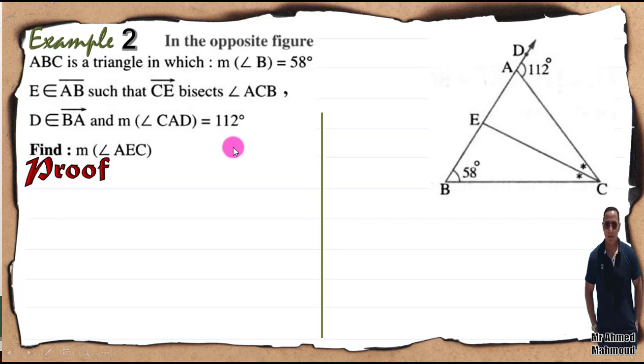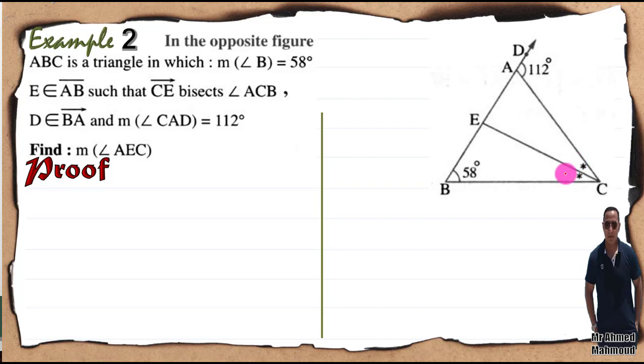Okay, now it's very easy to use the exterior angle for the bigger triangle ABC. So I can find the angle C by subtracting 112 minus 58 equals 54. So angle C equals 54.